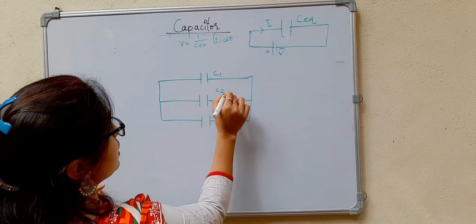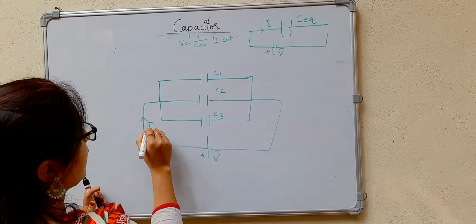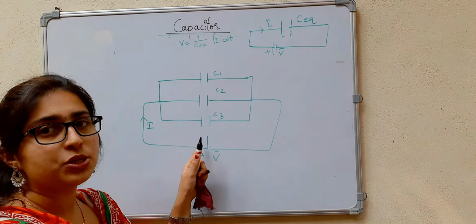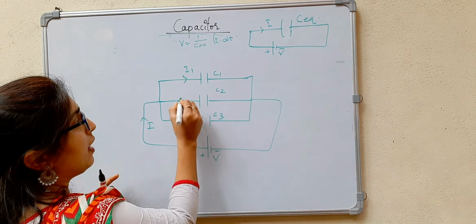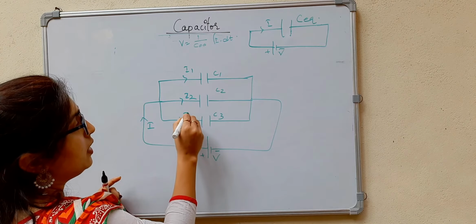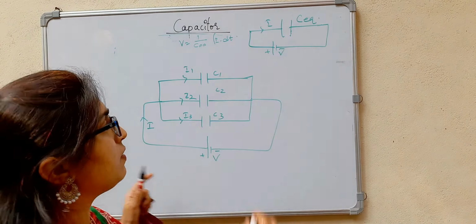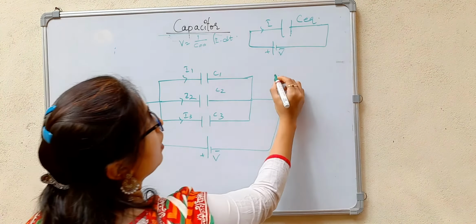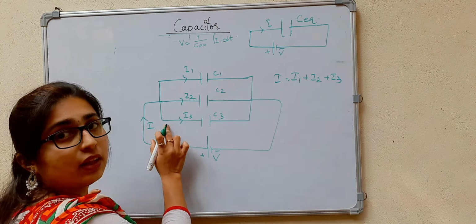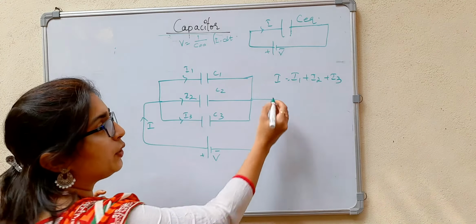This is connected to the power supply V, and the current flowing is I. In this combination the current gets divided into I1, I2, and I3. I is equal to I1 plus I2 plus I3, because if I sum these three currents, I get the current flowing through the circuit.